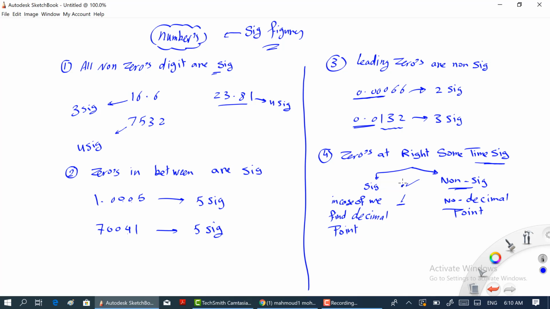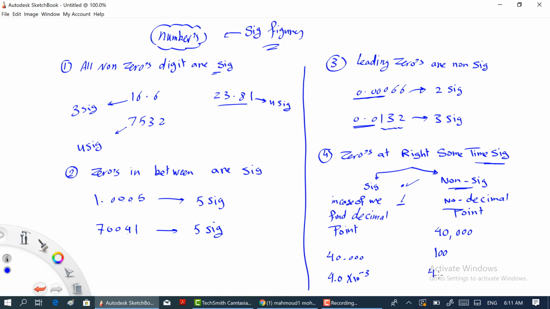Let's take an example. 40, or 40, or 100, or 4.0 times 10 power negative 3, or 4 times 10 power negative 3.